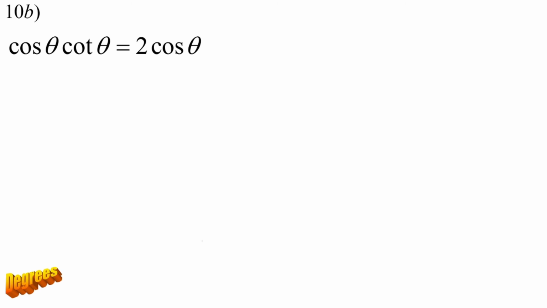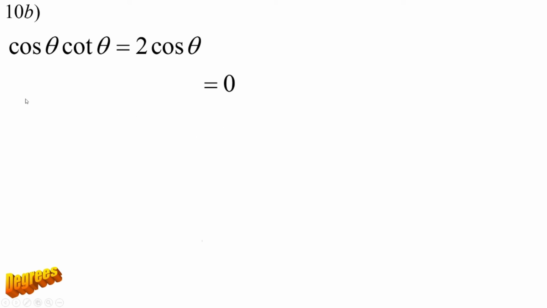Well, notice that we have a factor of cosine on the left and on the right. So how about we subtract the 2 cos theta from both sides, or you could go the other way, it doesn't matter, and then we can factor. I'm going to bring everything over to the left.